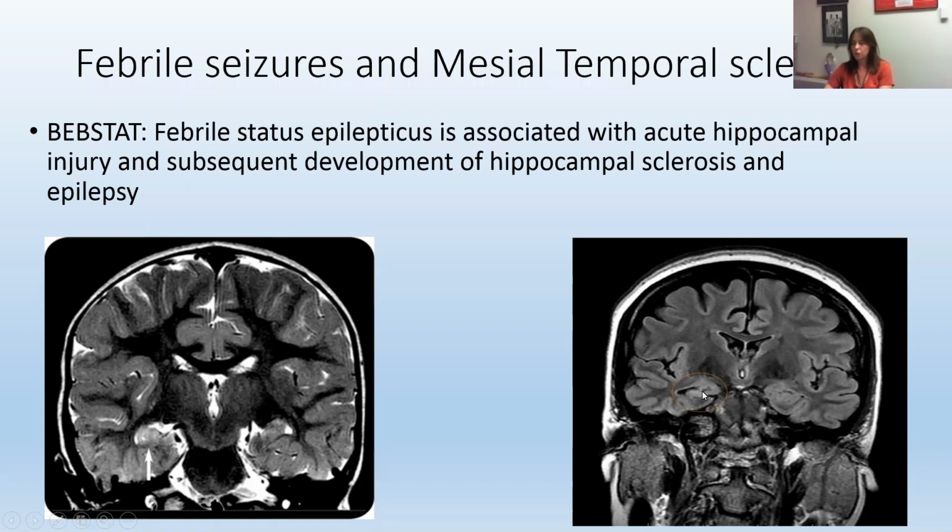The study is still going on, but a large majority of these children might in the future develop this mesial temporal sclerosis. So there's clearly some correlation with prolonged febrile seizures, over 30 minutes. Therefore, we want to attack them and stop them at 5 minutes, and not wait too long, because if we wait too long, we might increase the risk of hippocampal sclerosis and later epilepsy.